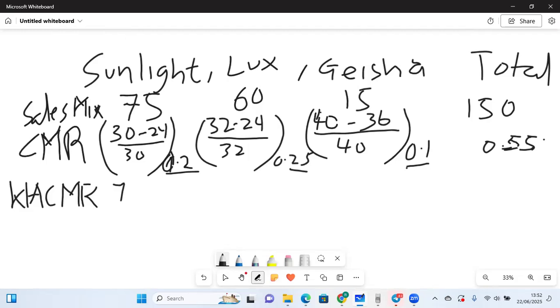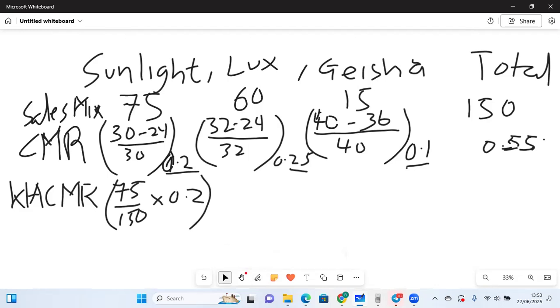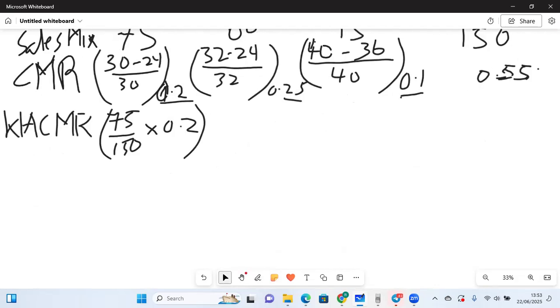So 75 over 150 times 0.2 for the first one, which is 0.2 divided by 2, so 0.1.